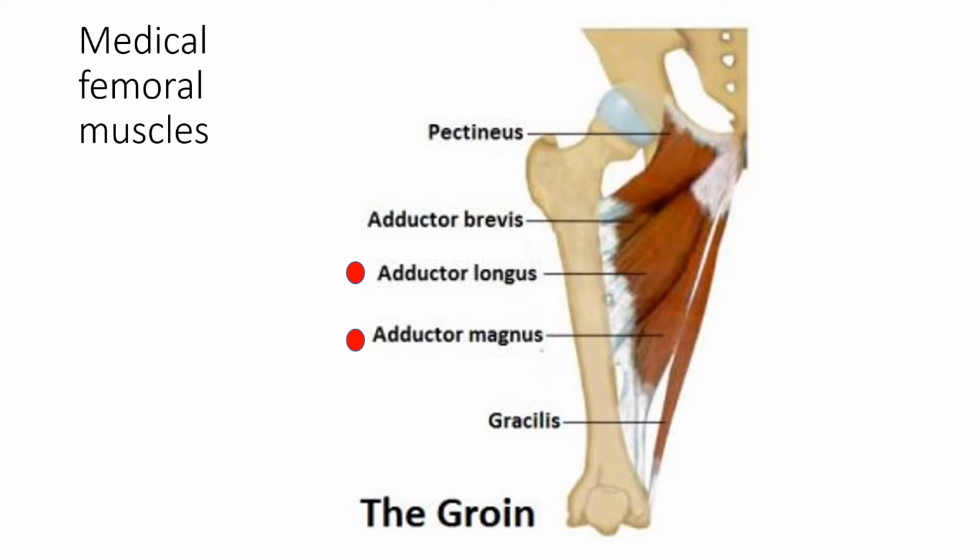Femoral muscles. All right, the adductor longus right here. You know that this is the femur, ball and socket joint. The femur. All right, and adductor magnus right here. Think about that word. Remember when I talked about this word before, so maybe that plays a role.